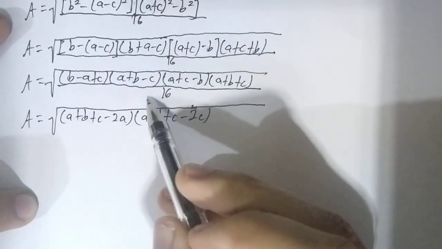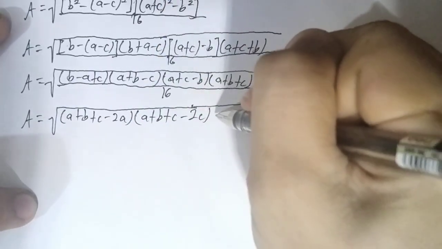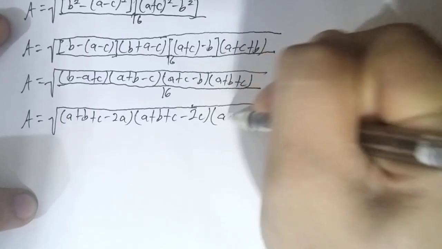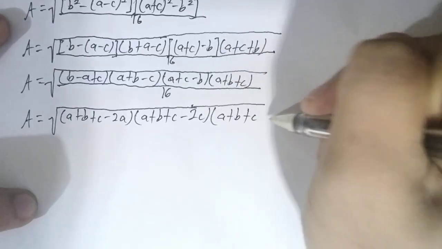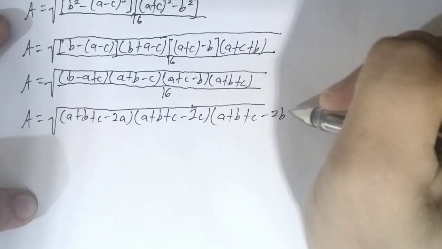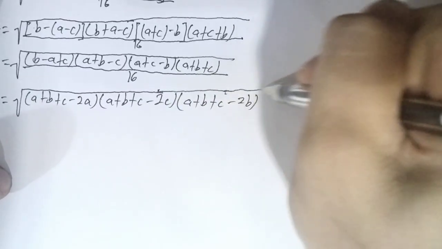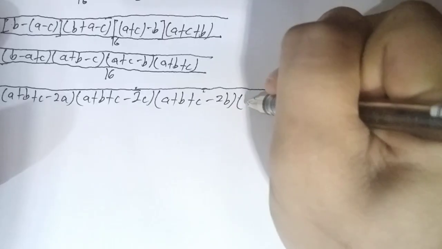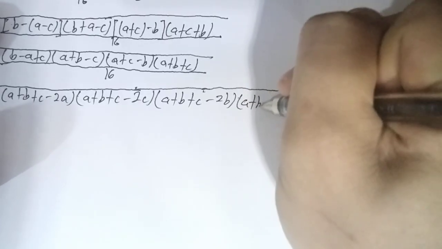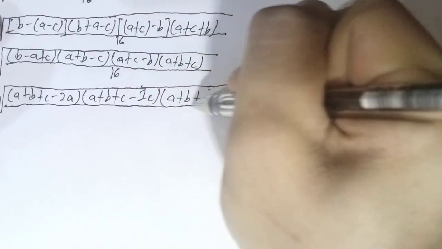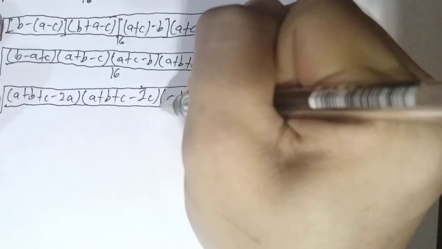Again, same thing. Multiply by quantity a plus b plus c minus 2b. Same logic, right? Let's make this longer. Multiply by a plus b plus c, all over 16.